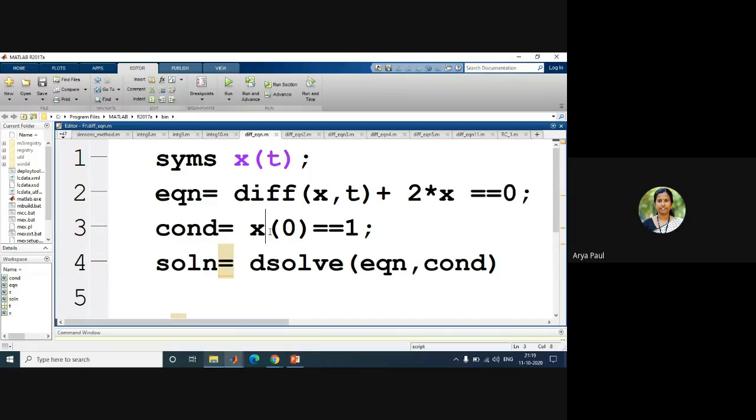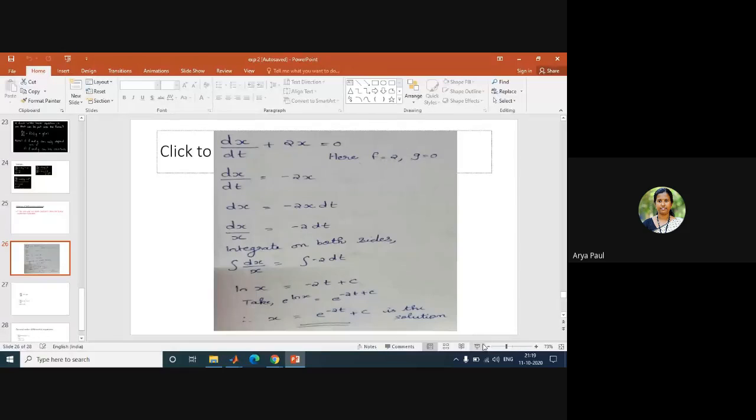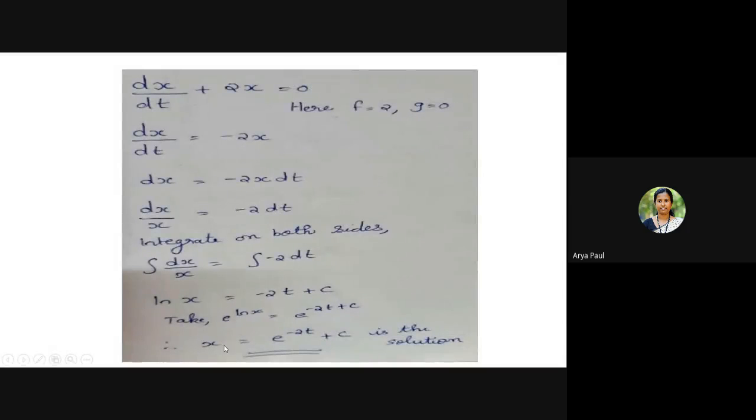But it may be a general solution, as we have seen: x is equal to constant into e raised to minus 2 times t. This is a general solution because there is a constant c.